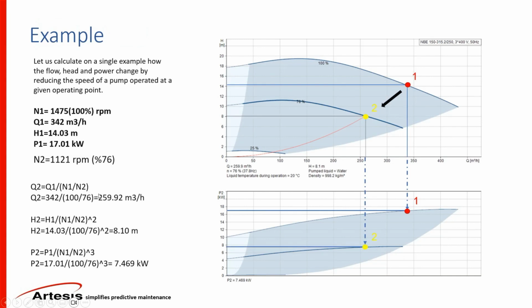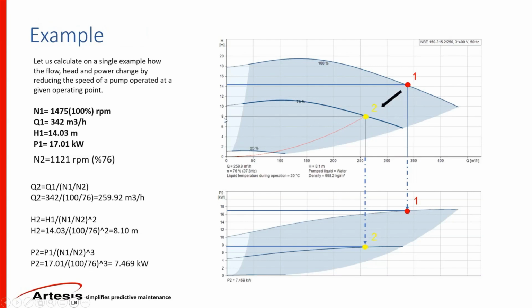We know that through the flow affinity law, because we reduce the speed by 24%, which reduces the flow by 24% from 342 to 259. We also know how to calculate the head, because that is proportional to the square of the speed, which will reduce the head from 14 to 8.